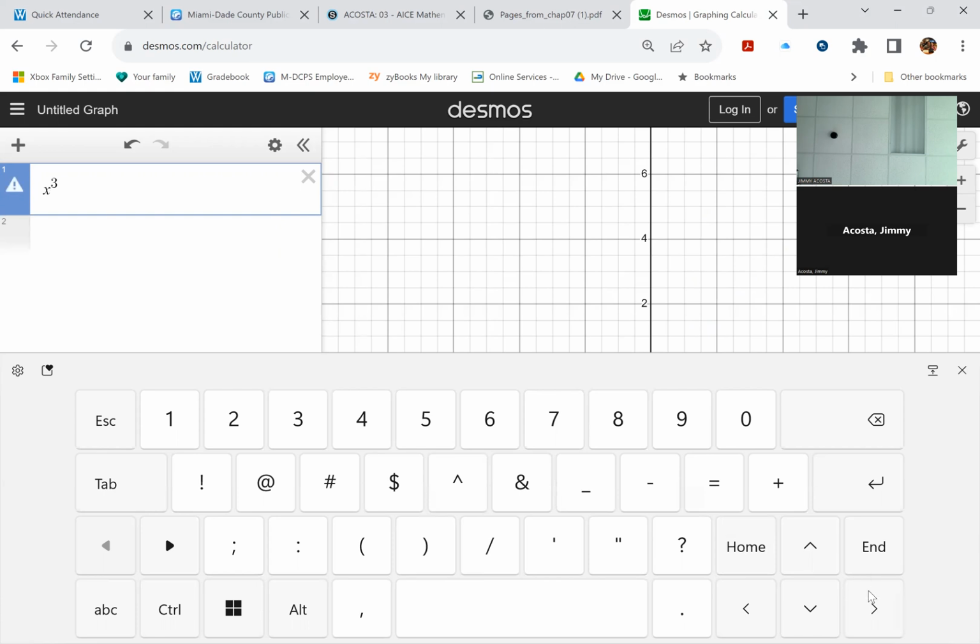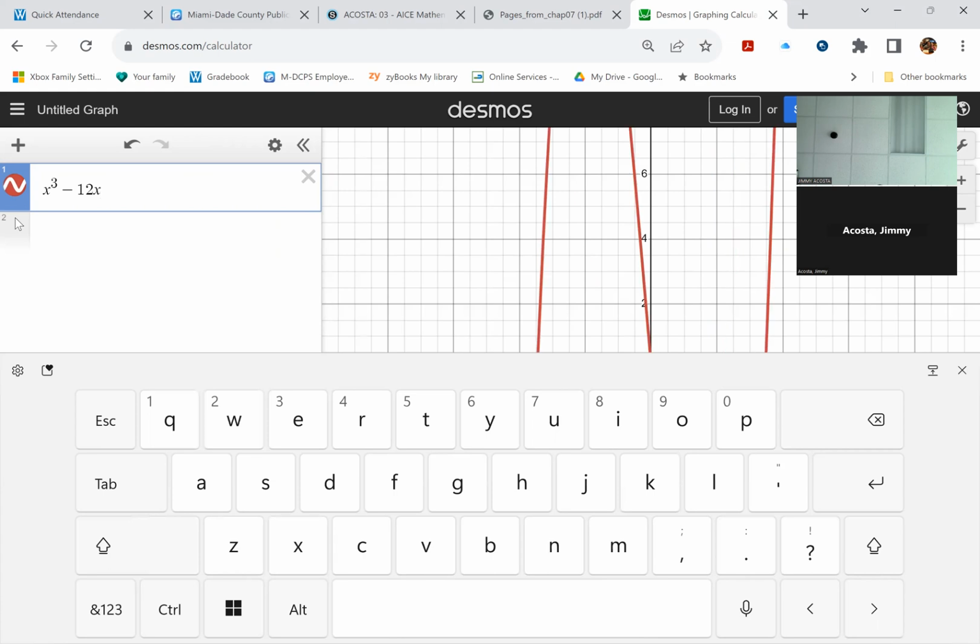Oh no, that thing in the bottom needs to go. Give me a second. Let me delete this. Why does it do that? You see what it's doing, right? I want raised to the 3rd. And then I want, there you go, minus 12x, right? Minus 12.